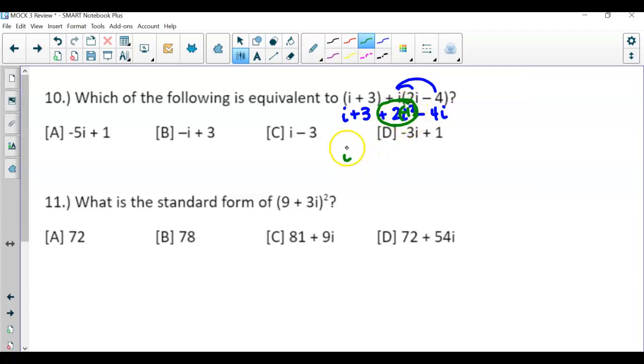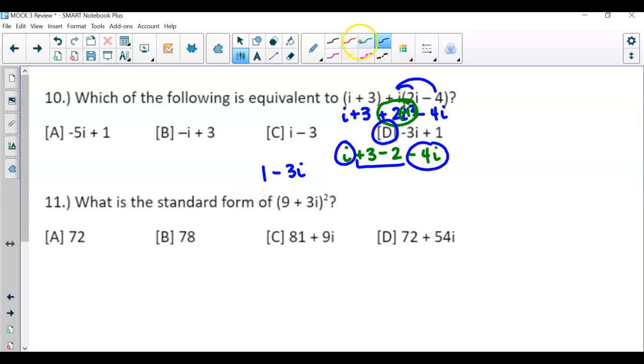So really, I've got i plus 3, but now that is a negative 2 because that's 2 times negative 1, minus 4i. Now I can combine 3 minus 2, 1, and then i minus 4i, negative 3i. So that's why here the answer is D.